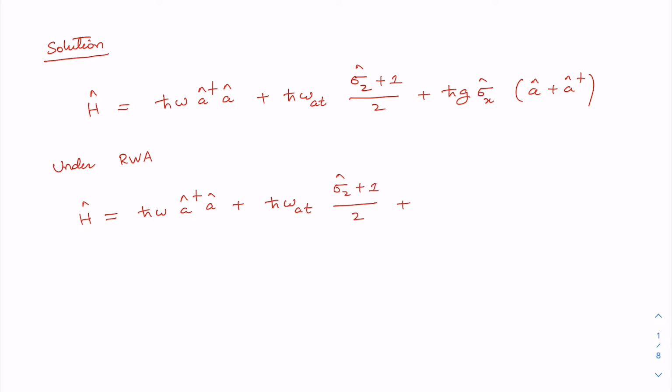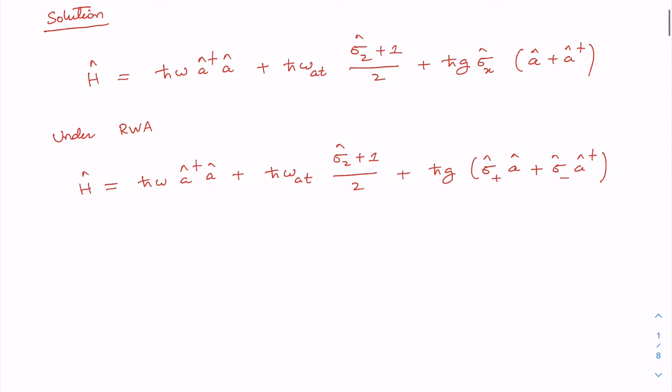However, the last term we wrote as ħg (σ+ a plus σ- a†), where σ+ is the atomic raising operator, a is the annihilation operator, and σ- is the atomic lowering operator.